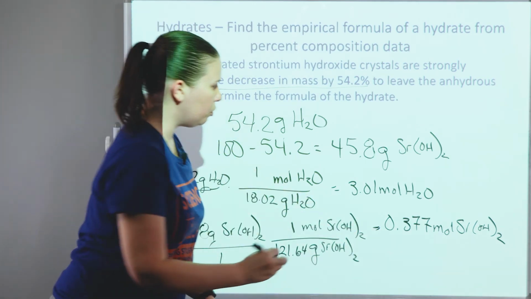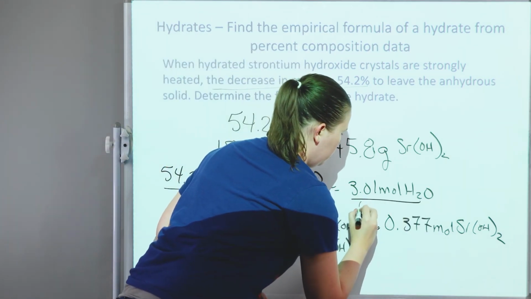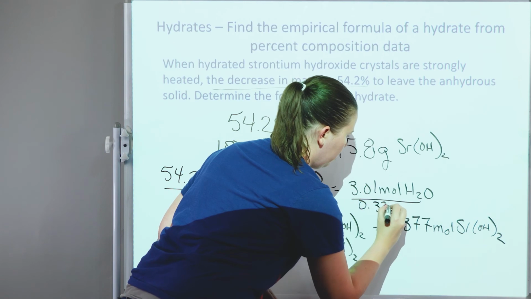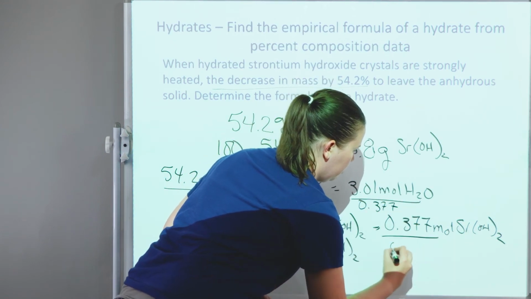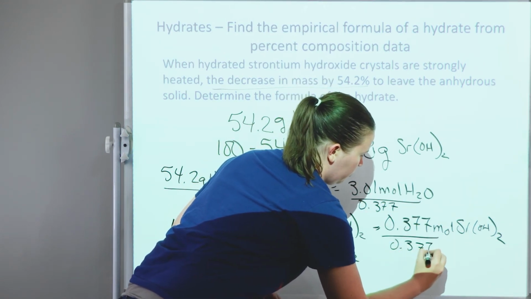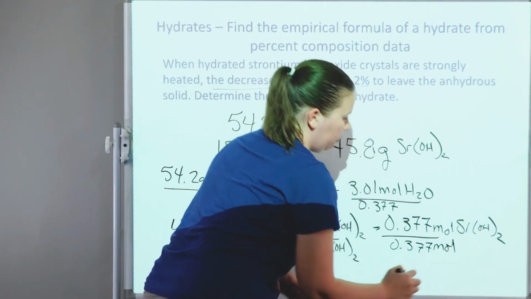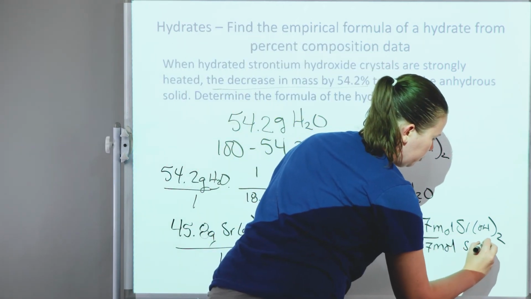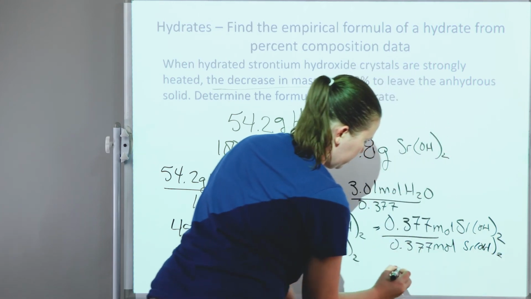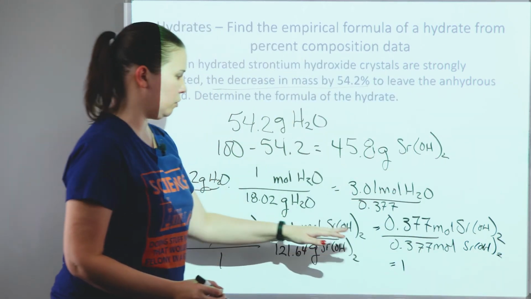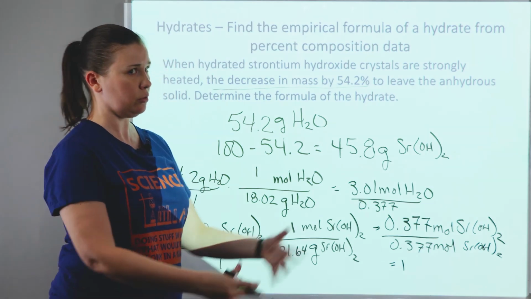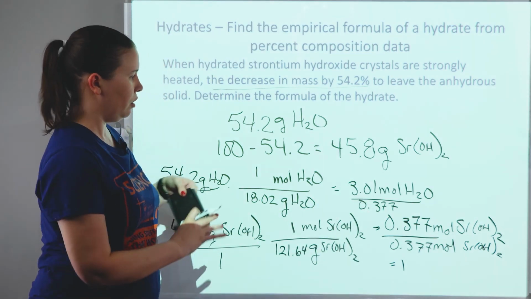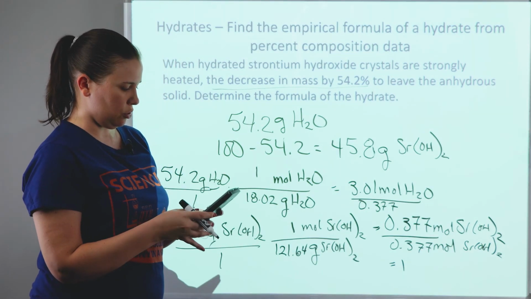I'm dividing by the 0.377 moles. And of course, what would we expect comparing moles of something to itself? A number divided by itself is, of course, 1. So I have a 1 to 1 mole ratio of strontium hydroxide to strontium hydroxide. Big surprise there.